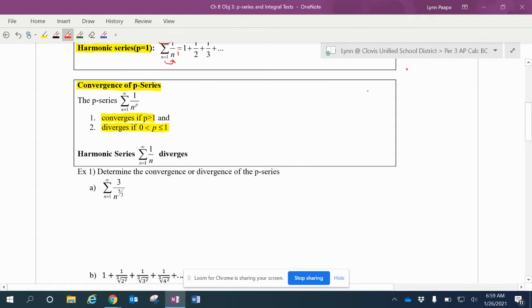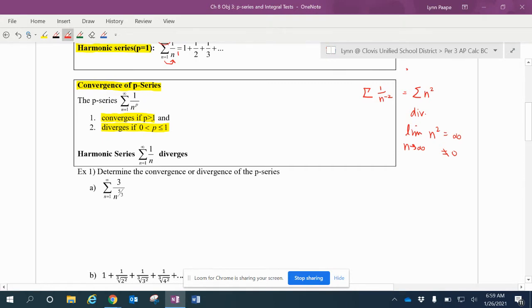For example, say we had 1 over n to the negative 2. That would just be n squared, which would diverge by the nth term test, right? We would take the limit as n goes to infinity of n squared. That would be infinity, which is not 0, so it would diverge. But we would not call this a p-series.